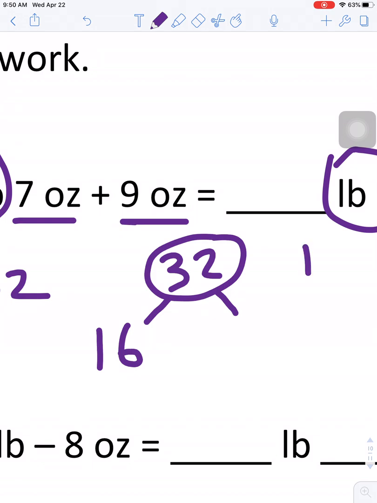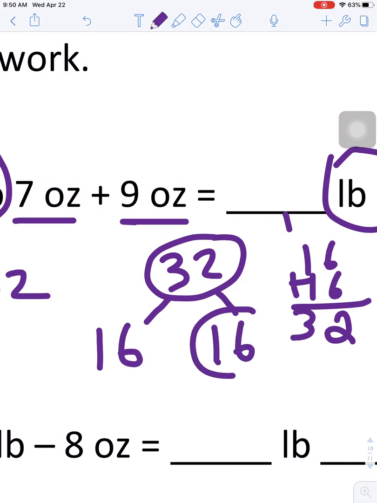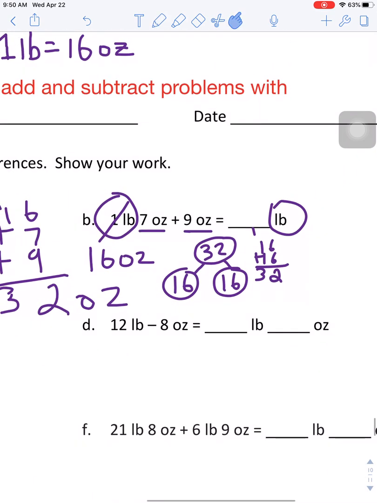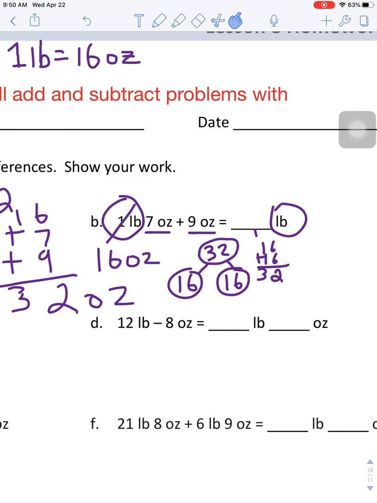Let's see. 6 plus 6, I know is 12. So that's, oh, there it is. So I've got 2 16-ounce portions. I know that 1 16-ounce is equal to a pound. So if I've got 2 16 ounces, I know that I have got 2 pounds. So my answer is 2.